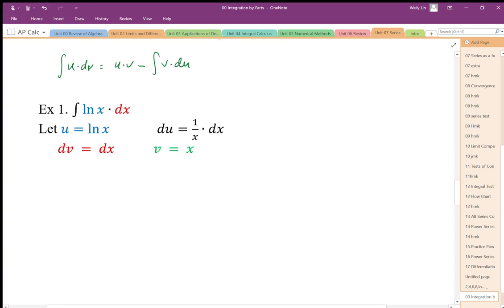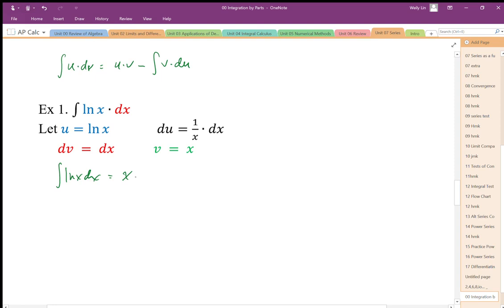So there's my original integral. The integral of log x dx is equivalent to u times v, so x log x. Maybe I'll color code this, x.